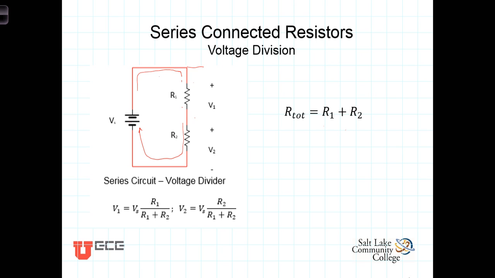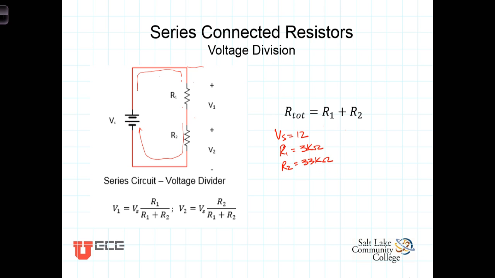So for example, let's say that V sub S is equal to 12 volts and R1 is equal to 3 kilo ohms and R2 is equal to 33 kilo ohms.